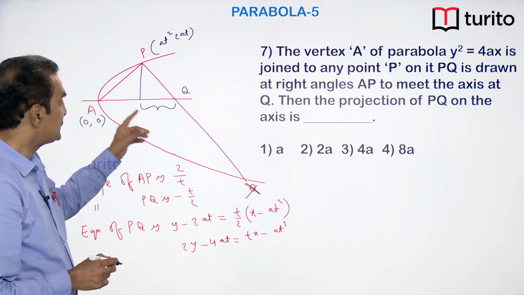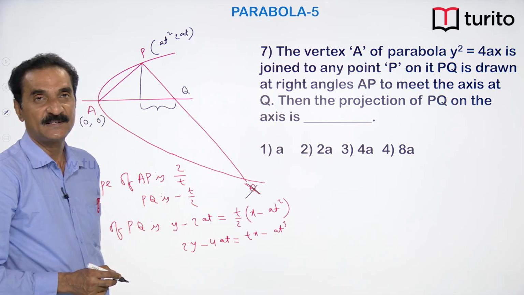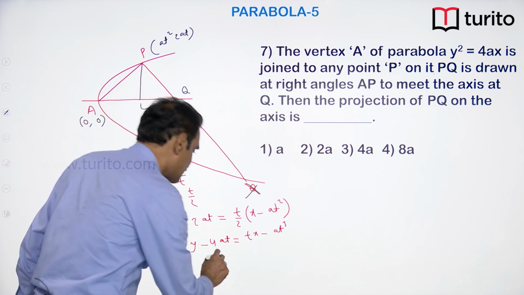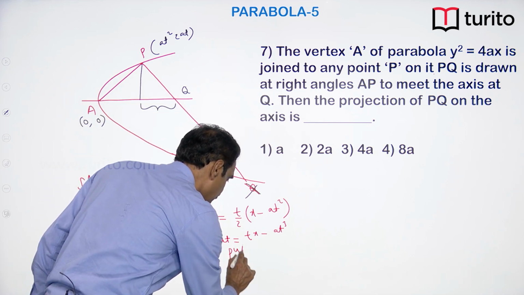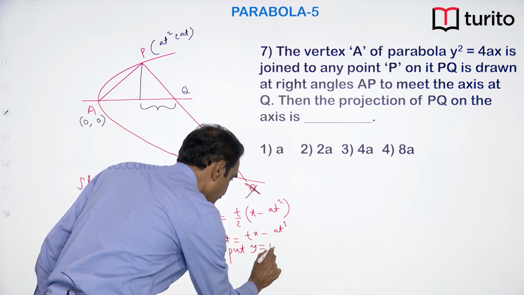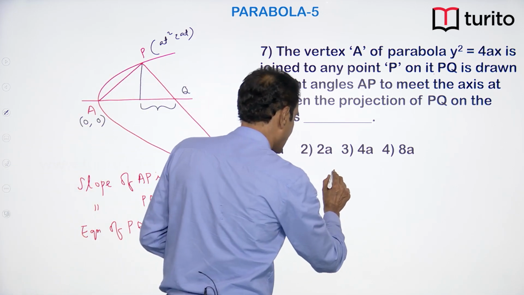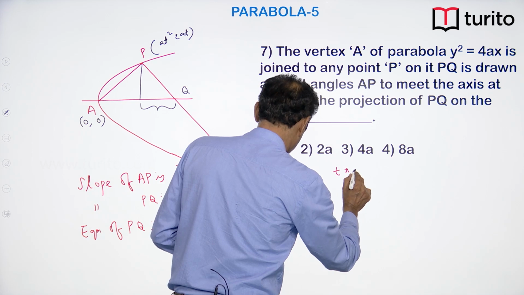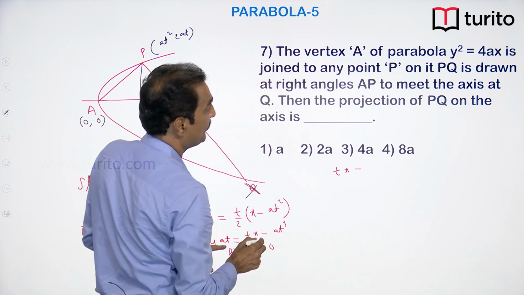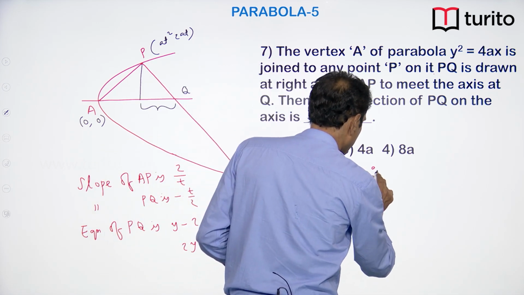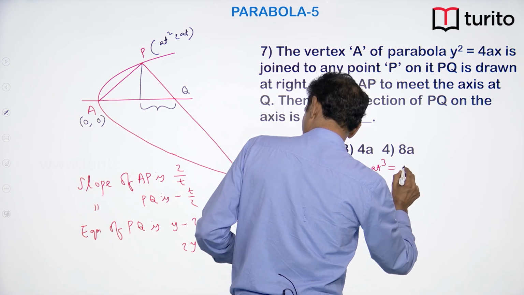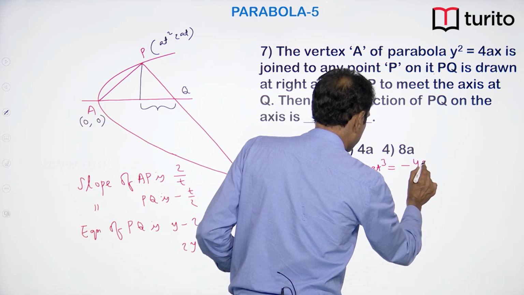Now, what is its point of intersection with the x axis? Put y is equal to 0. Putting y is equal to 0, we get Tx minus AT cube is equal to minus 4AT.